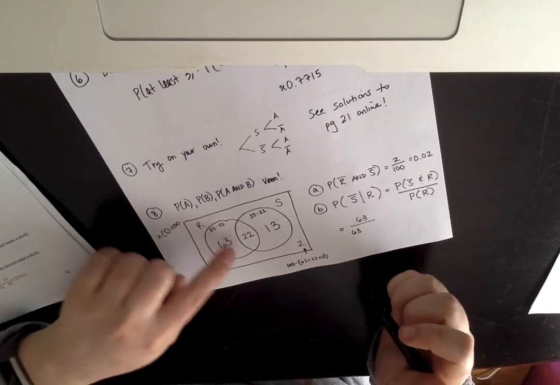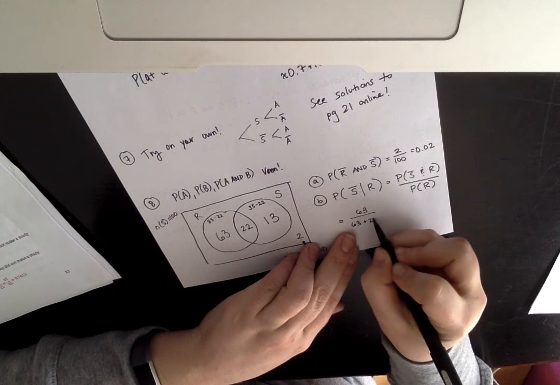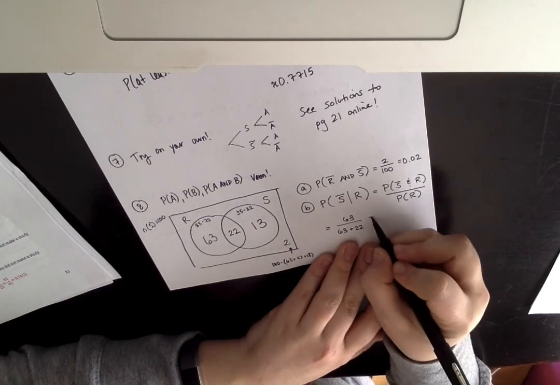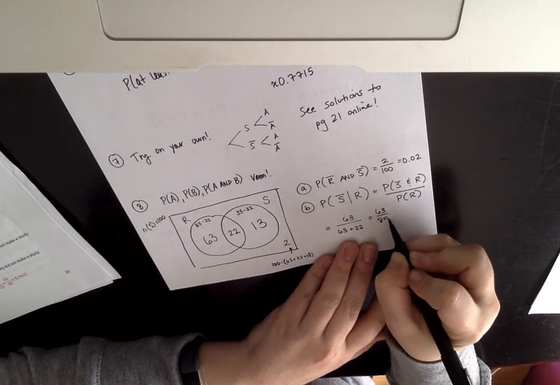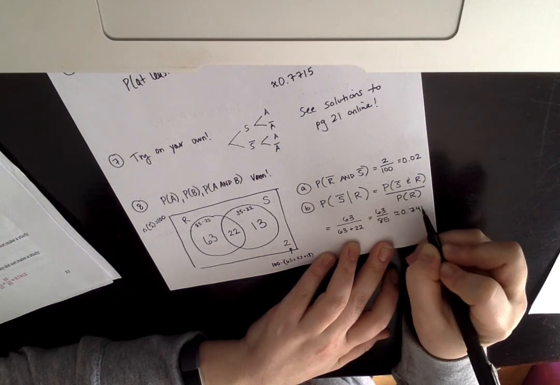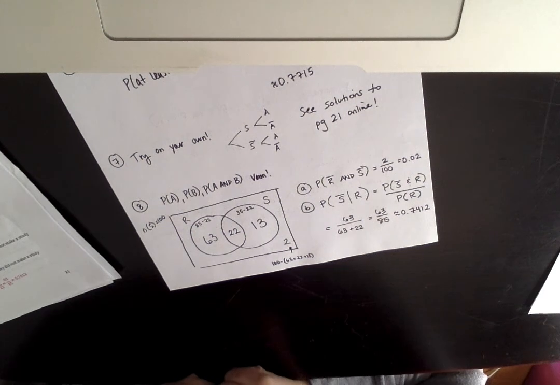It's these 63 people who only did the review, plus these 22 people who did the review and the study guide. So it was that original 85 we were given at the beginning. 63 over 85, which is 0.7412. And those are the practice problems for probability. Hopefully you found that to be helpful.